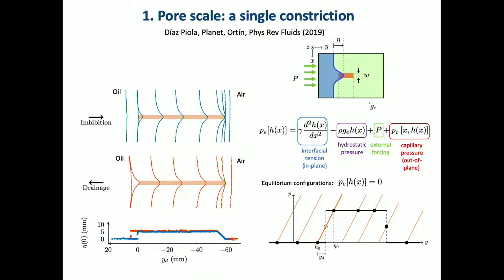They move because the pressure is being increased, so it changes from this to this, from this to this, etc. The other profile that you see here is the profile of P_C for a mesa defect. It is this table-shaped profile for the out-of-plane capillary pressure. Now what happens is that the equilibrium positions are given by the crossings of these lines with the P_C profile.